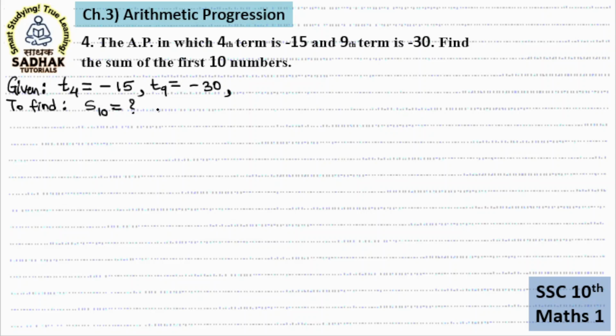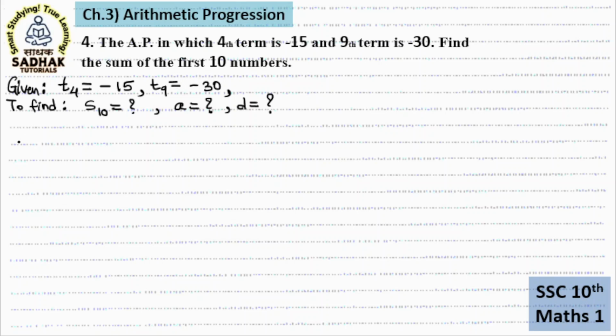But before we find S10, we must know the value of A, that is the first term, and we have to find the value of D, that is the common difference. So for finding A and D, we will have to use the given information, T4 and T9.